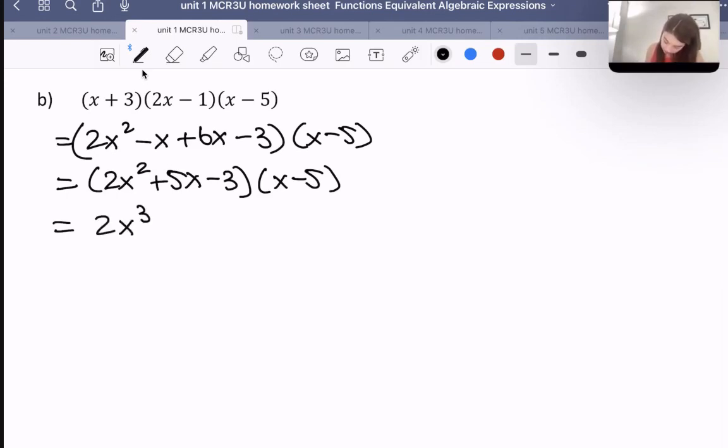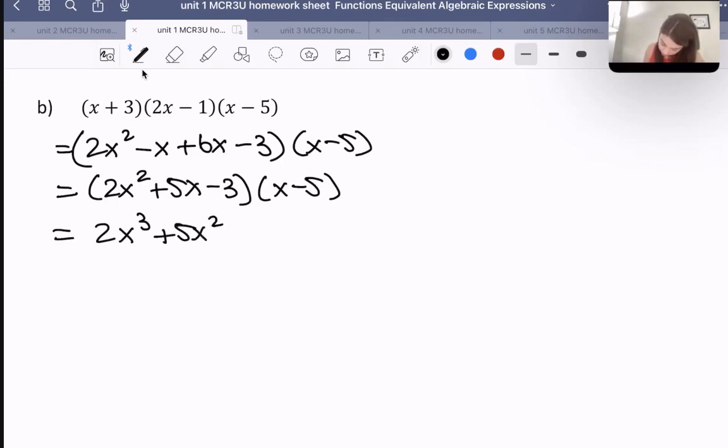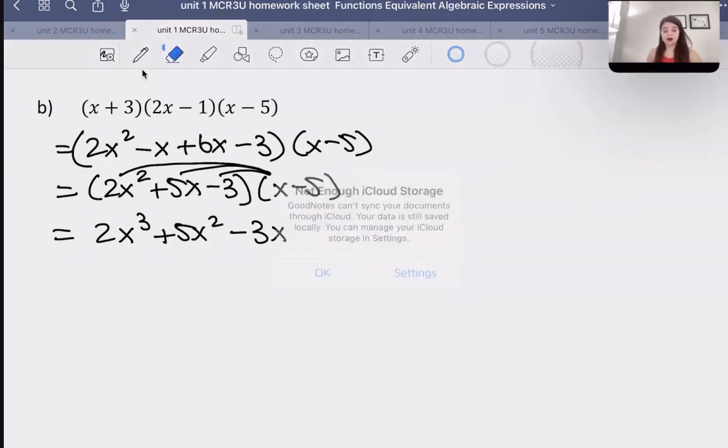Then we will have 5x times x, which is plus 5x squared, and then minus 3 times x, which is minus 3x. So here I distributed the 2x and the 5x and the minus 3 with that first term, because this time we have 3 terms, not just 2, and we do care about the middle one as well. This is the first time we've had a middle term, but we do care about it too.